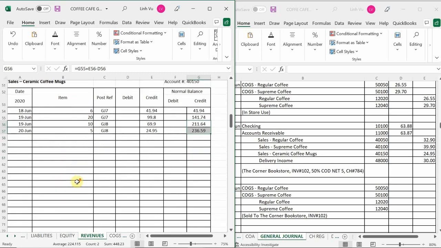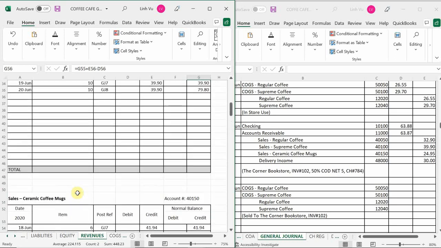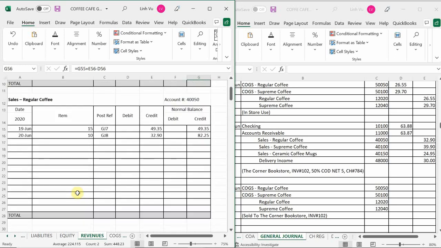Okay, and then you can also create your running balance here so you know at all times how many items you sold in grand total.